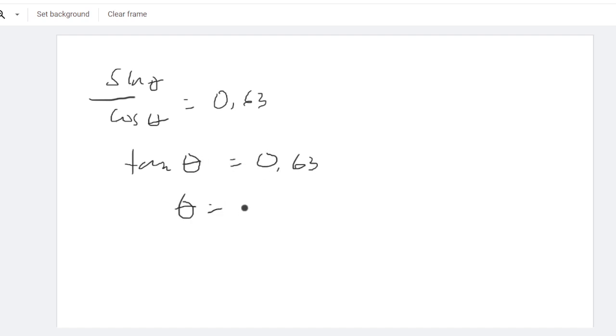Then theta is equal to inverse tangent of 0.63, which will give you 32.2 degrees.